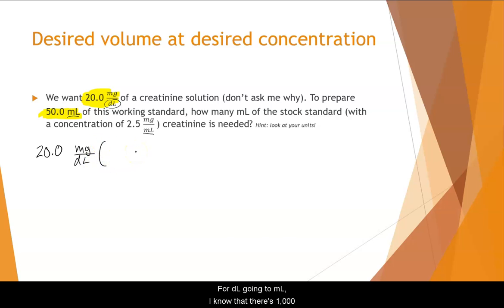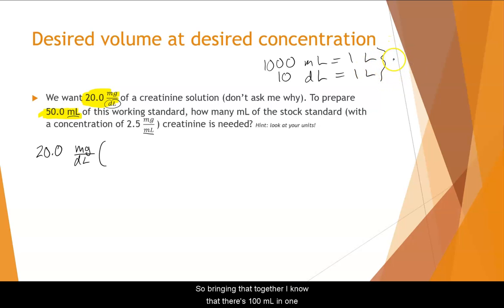For a deciliter going to milliliters, I know that there's 1,000 milliliters in 1 liter. And I also know there's 10 deciliters in 1 liter. So bringing that together, I know that there's 100 milliliters in 1 deciliter.